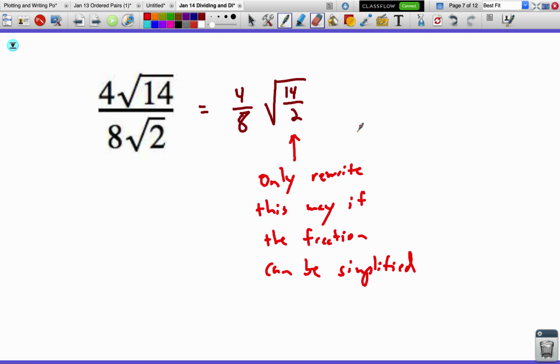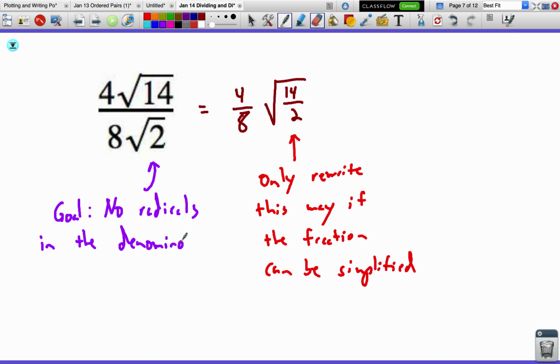And that's because our goal is no radicals in the denominator. The goal is no radicals in the denominator or fractions inside of radicals.